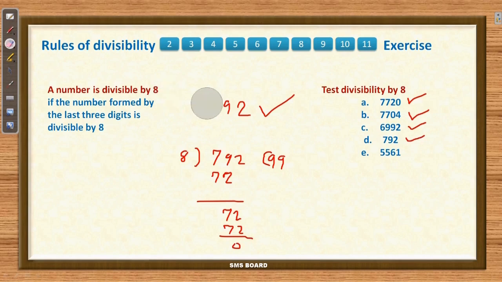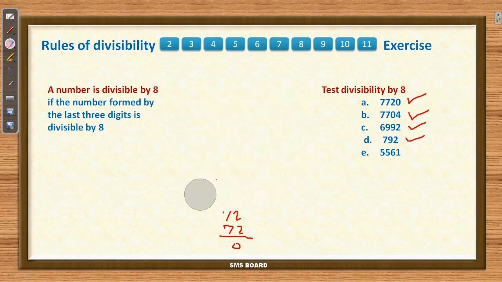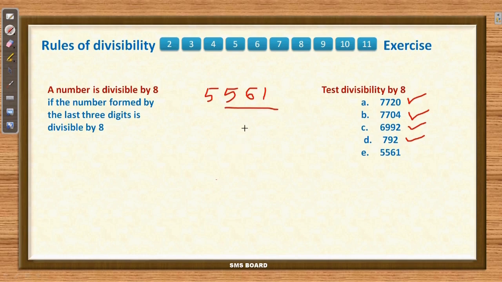What about the last number in the exercise, that is 5561? The number formed by the last three digits is 561. If the number formed by the last three digits is divisible by 8, then the number is divisible by 8.